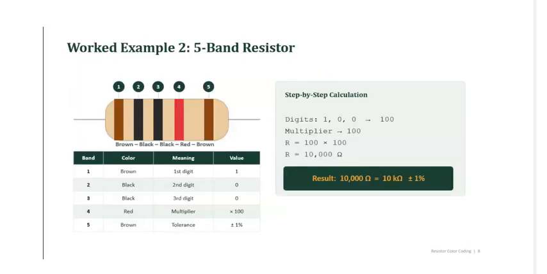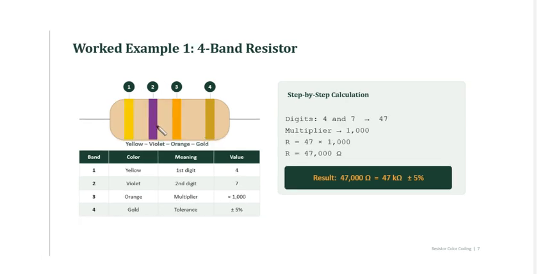Looking at this example, we have a 5-band resistor here. When we have a 5-band resistor, the first 3 bands represent digits. The 4th band represents the multiplier, while the last band represents the tolerance band. But if it is a 4-band resistor, the first and second bands represent digits.